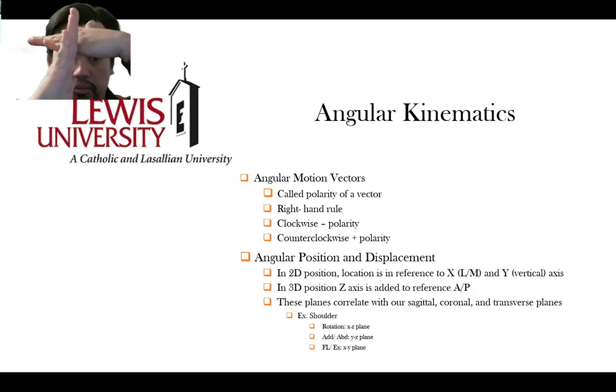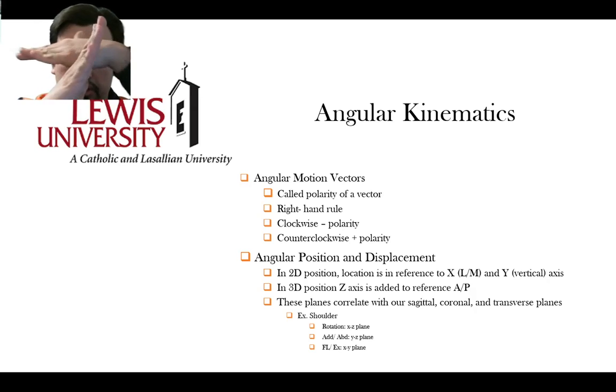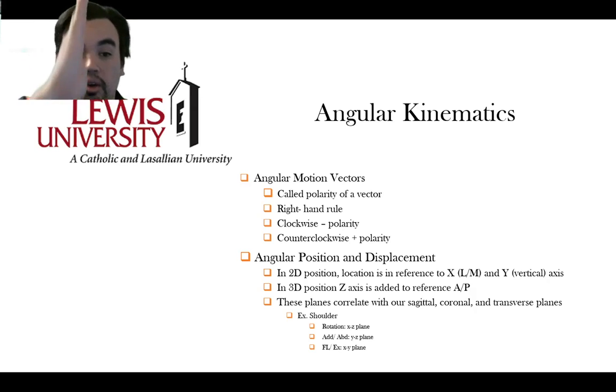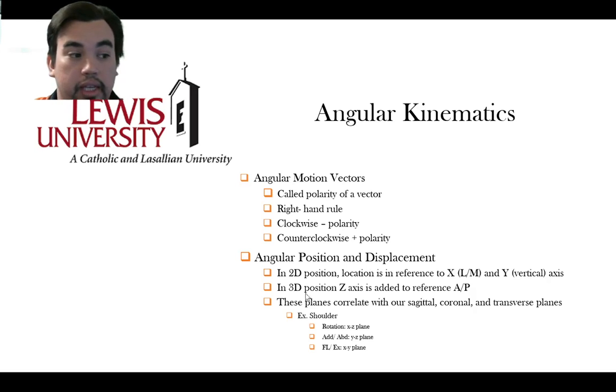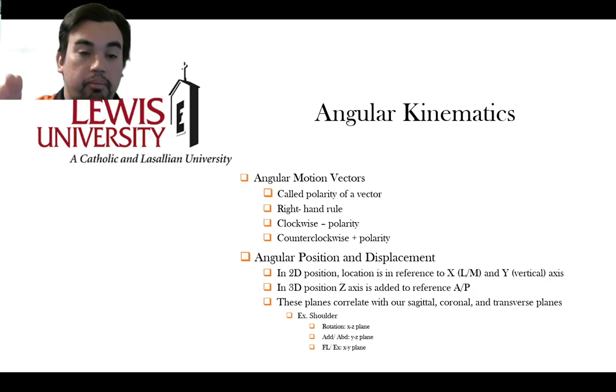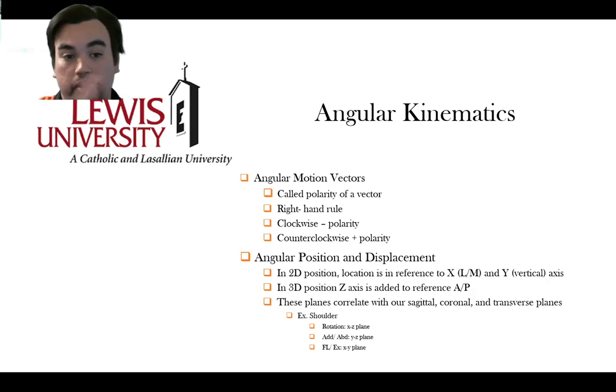So just think of your graph: x is medial, lateral, and y is your vertical. Then in a 3D position, we add the z-axis, which adds the anterior, posterior reference. So now it's up, down y, left, right x, forward, back z.